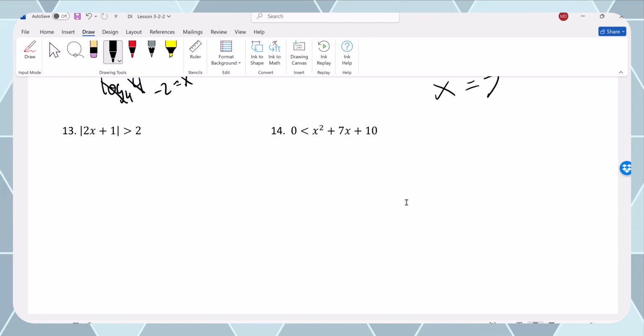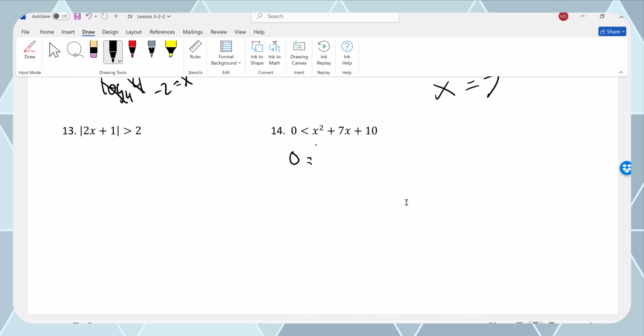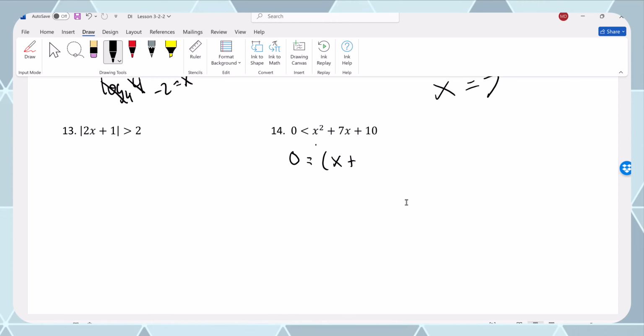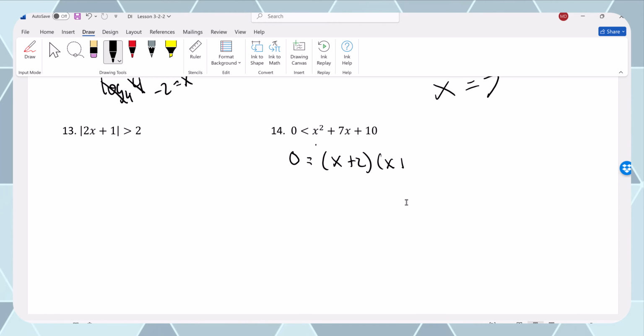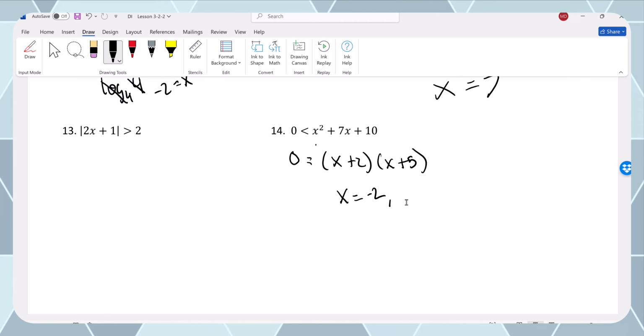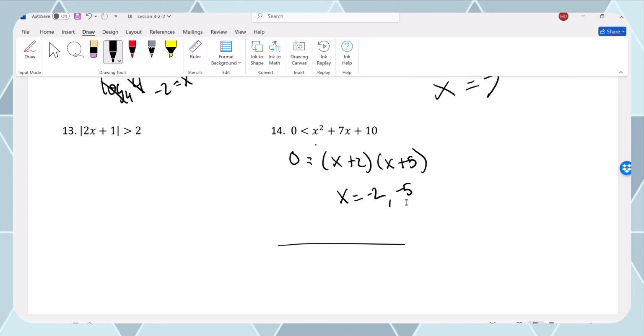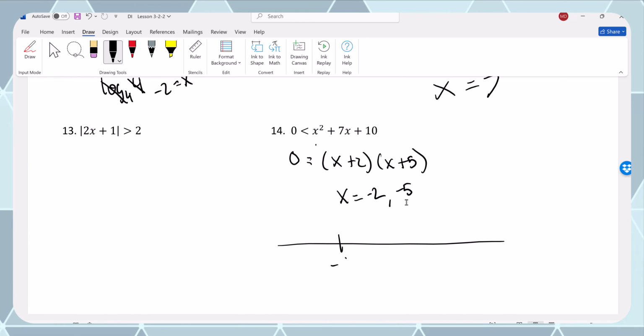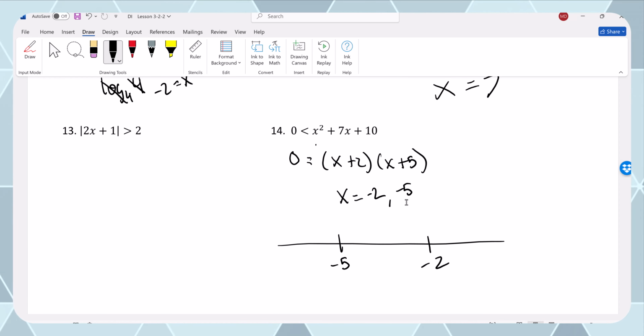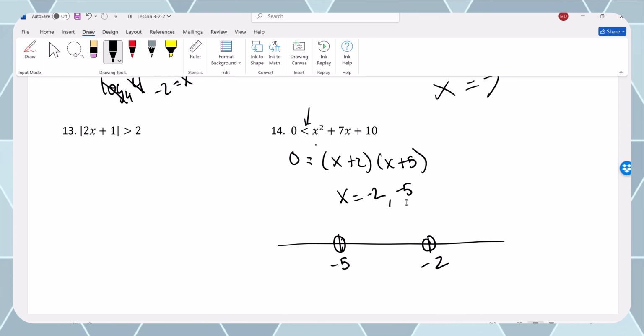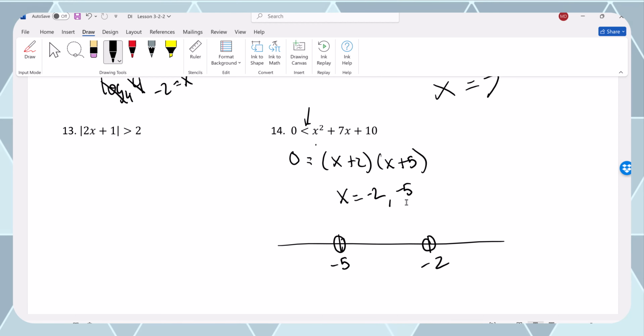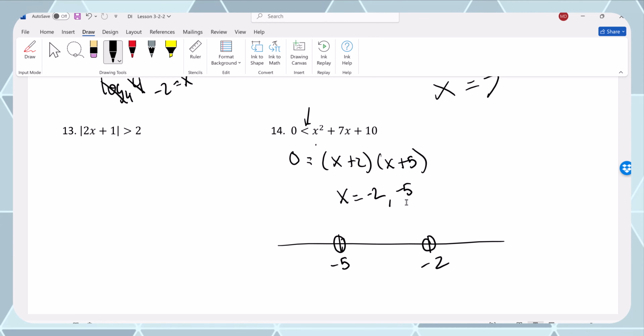So to solve these, remember we pretend it's an equal sign. Put it on a number line. Open circle. Now we have to test true or false. So negative 6.